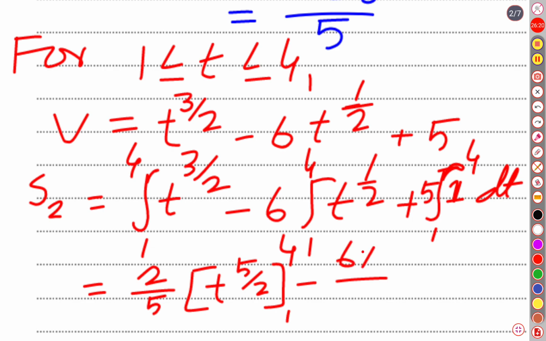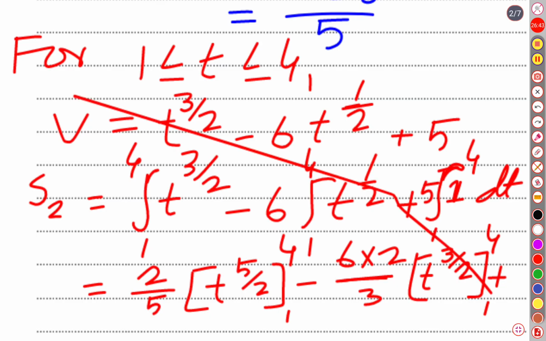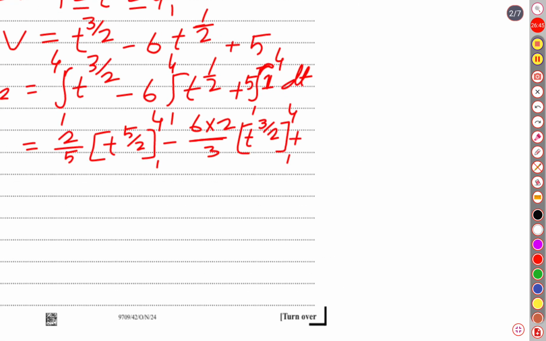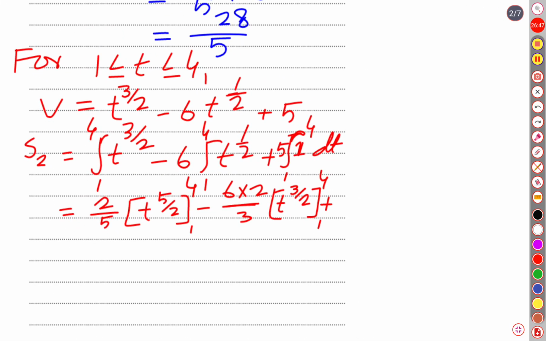So 6 into 2 over 3, and the exponent of t is going to be 3 over 2, and the limit is from 1 until 4 seconds, plus 5. For a constant number, we know our integration will be just t. So it is 5 and t, and the limit is from 1 until 4 seconds.